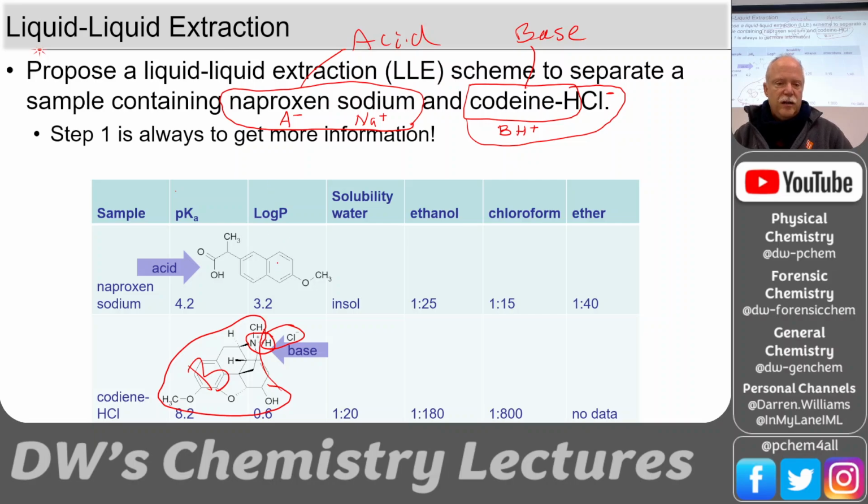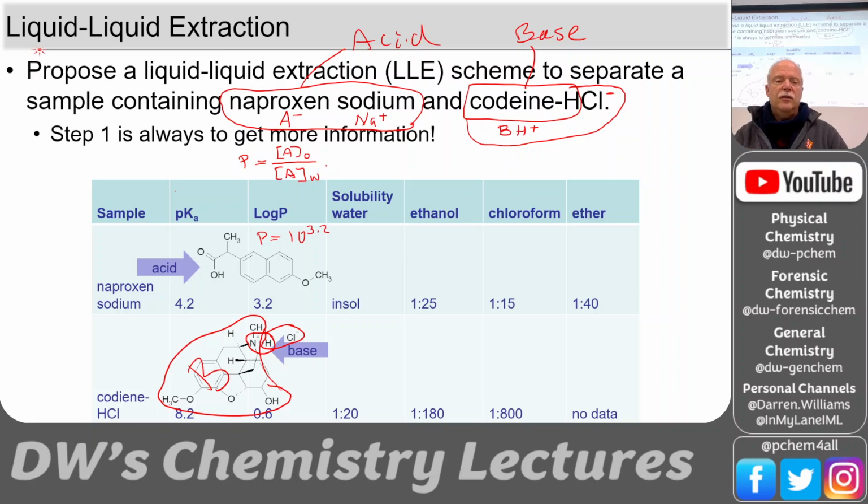So P, in this case, let's just do it. P would equal 10 to the 3.2, right? We take the log of that, we get 3.2. And P is that ratio, equal to the concentration of the analyte in octanol over the concentration of the analyte in water.